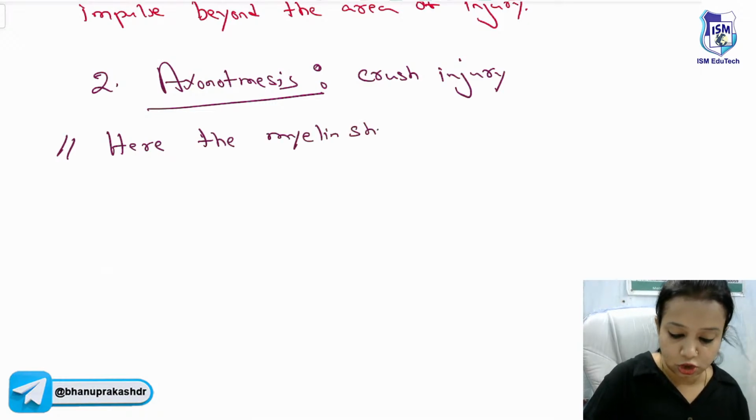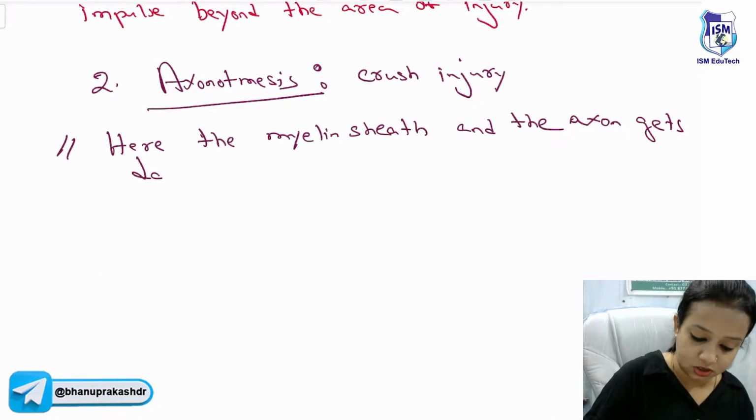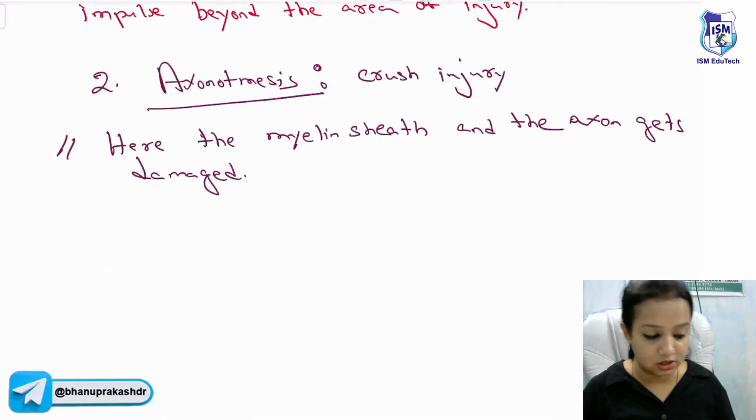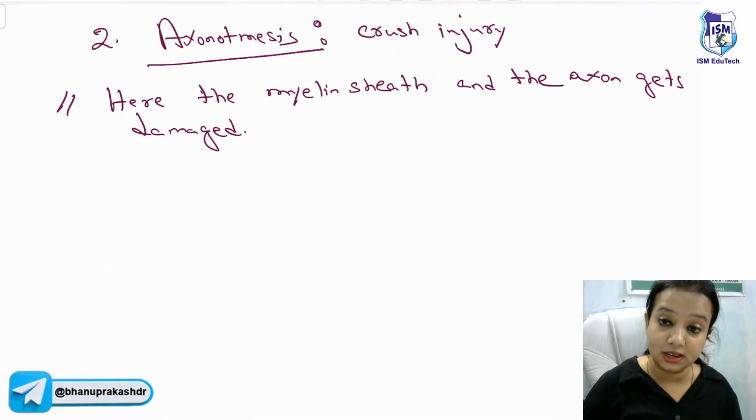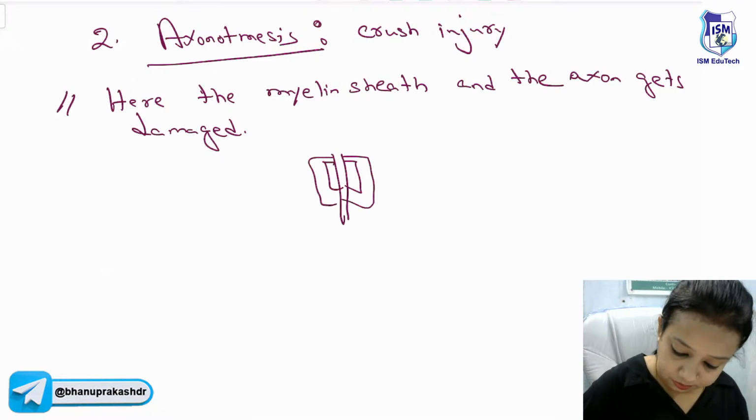myelin sheath and the axon get damaged. So, two things happen. The myelin sheath also gets damaged, and the axon inside that also gets damaged. So, if we draw it, it may be something like this.